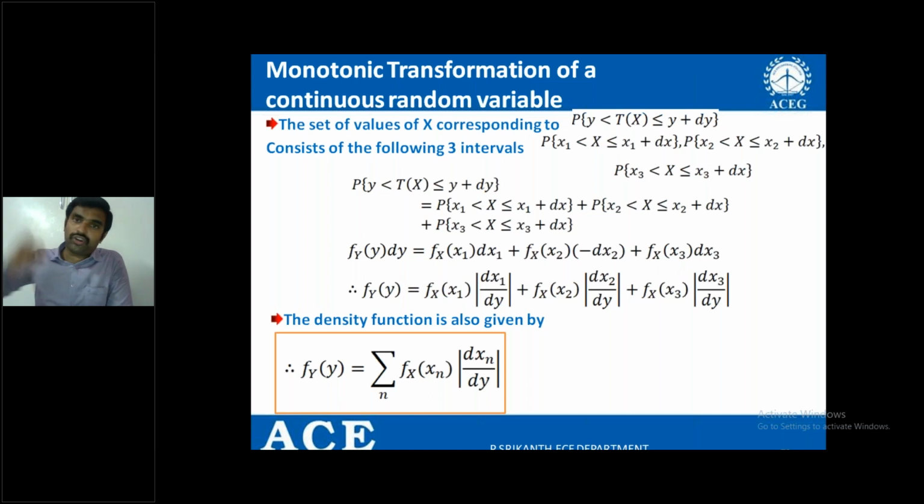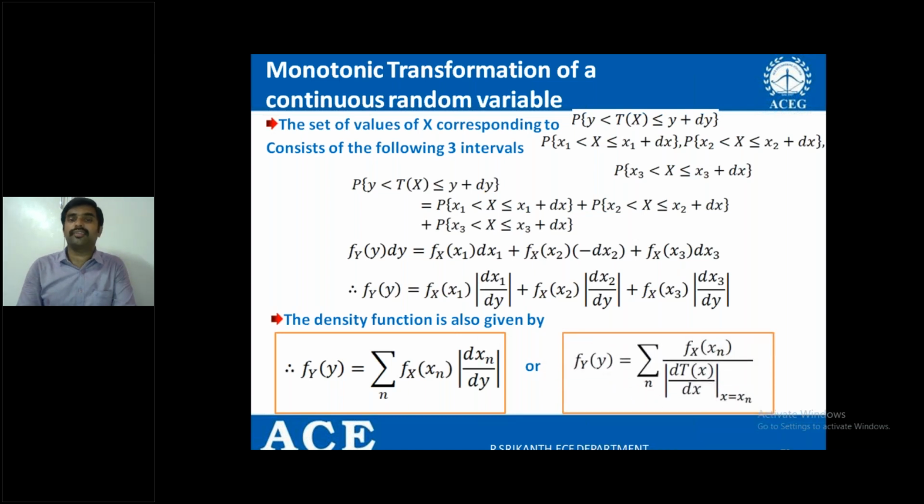Even if I have a fourth term, fx(x4)|dx4/dy|, generally I can write the summation, where n depends upon the number of elements with which the new element has a correspondence: fy(y) equals the summation of fx(xn)|dxn/dy|, or you can also write fy(y) equals the summation of fx(xn) divided by |dT(x)/dx| where x equals xn. Generalized statement. Am I clear?